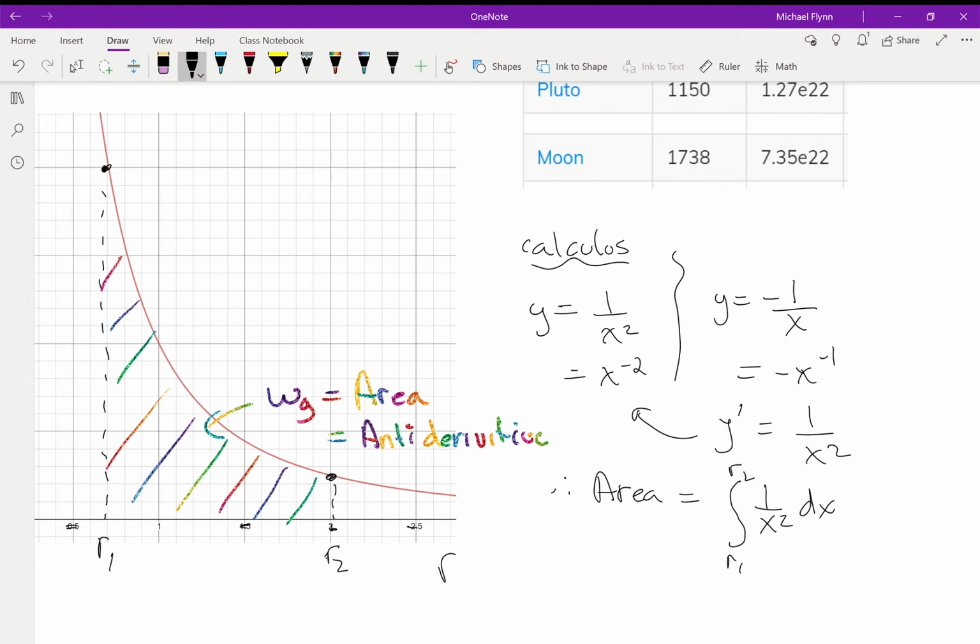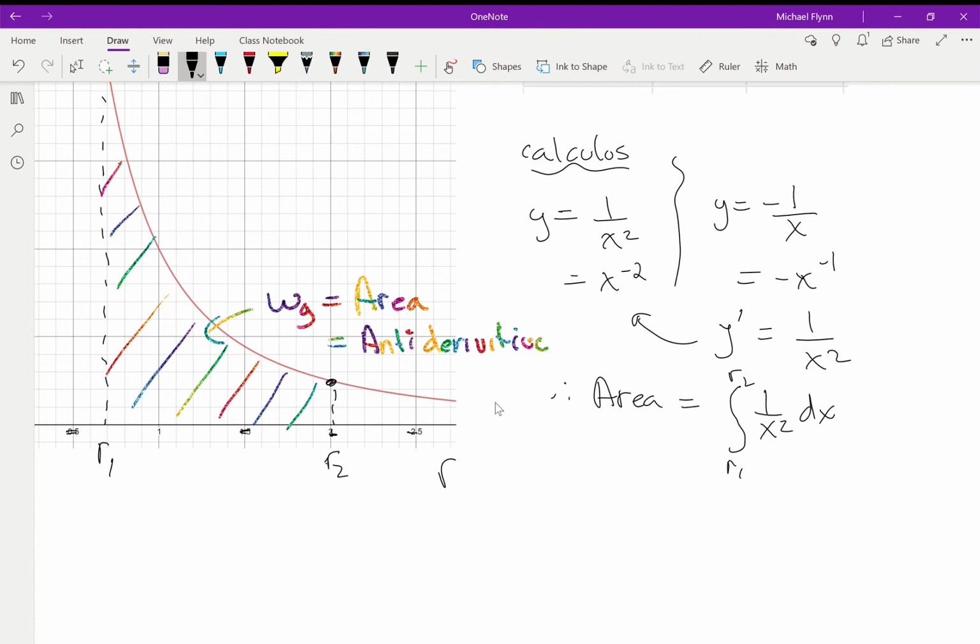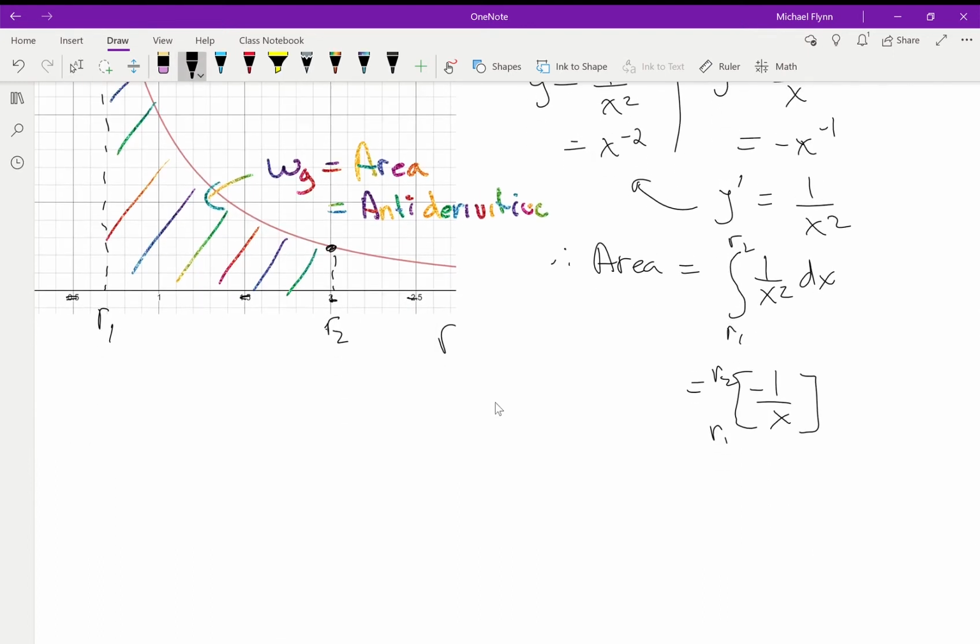Find that fixed area there. You get negative 1 over x as the antiderivative, but we evaluate it between R1 and R2. And so it goes like this. You get 1 over R1 minus 1 over R2. That turns out to be the antiderivative.